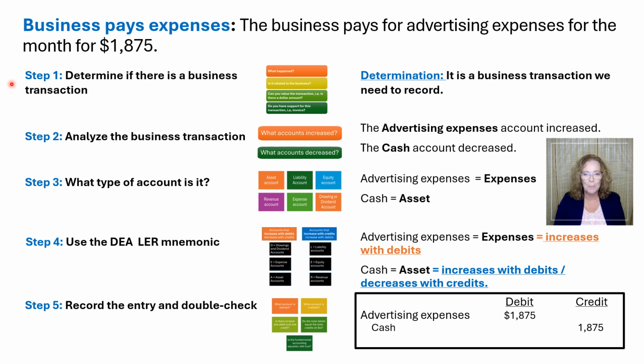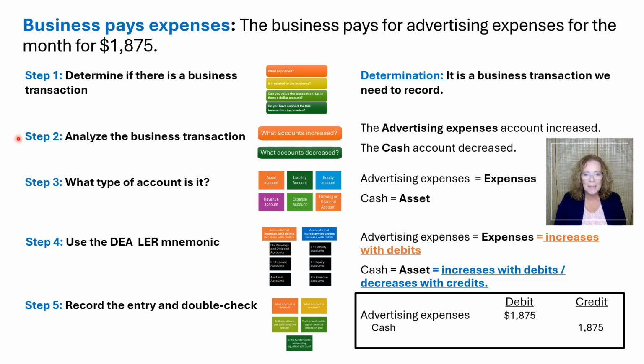Meaning, is there a dollar amount? Yes, the dollar value is $1,875. Do you have support for the transaction? Yes. The advertising agency invoiced the business and the business has the check stub or wire transfer to show the payment. Based on this information, we can tell that this is a business transaction that we need to record.